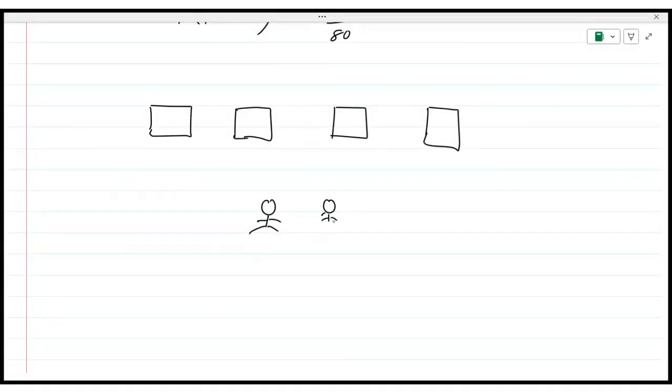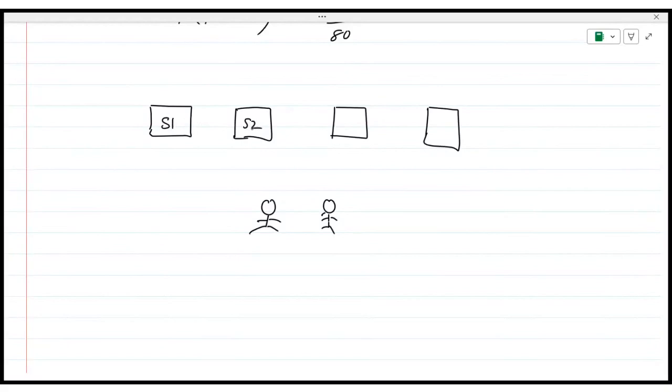I want these 2 students to sit in these chairs, and in how many different ways can they sit? Here order does not matter. It means if student 1 is sitting in the first chair and student 2 in the second, or student 2 in the first and student 1 in the second, that will be the same.